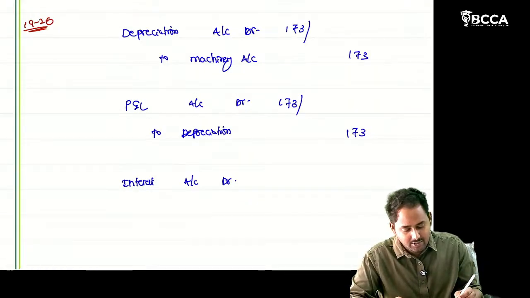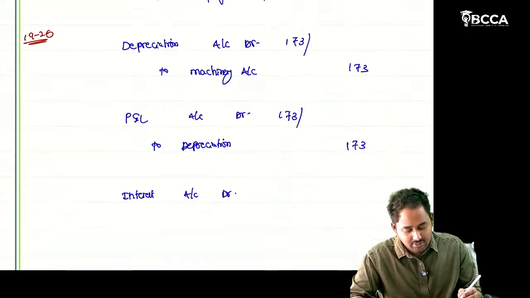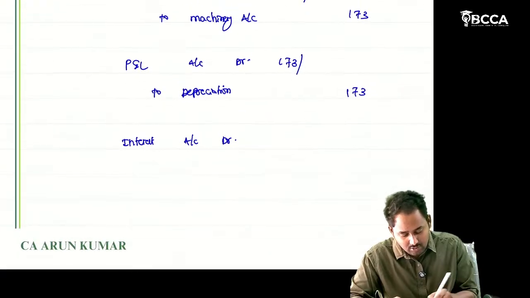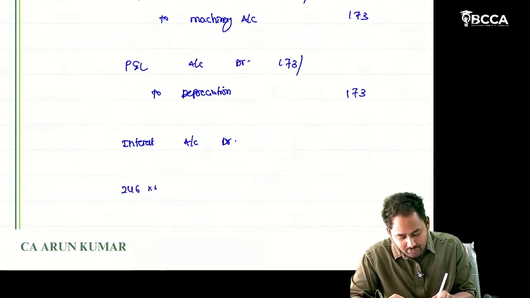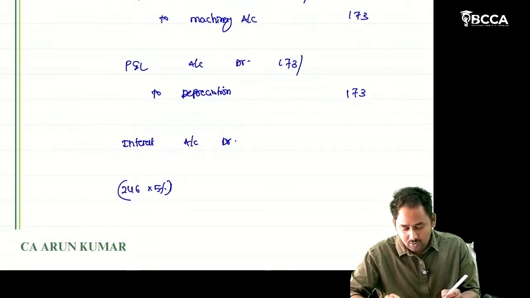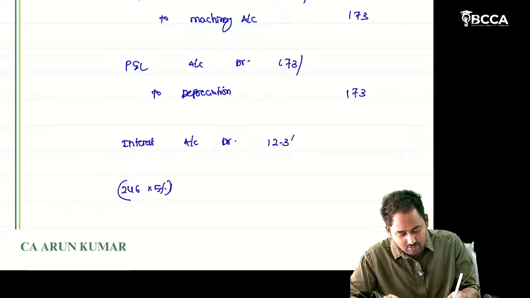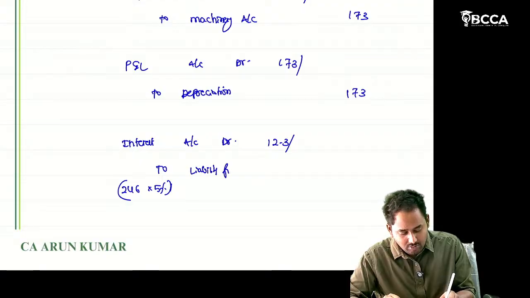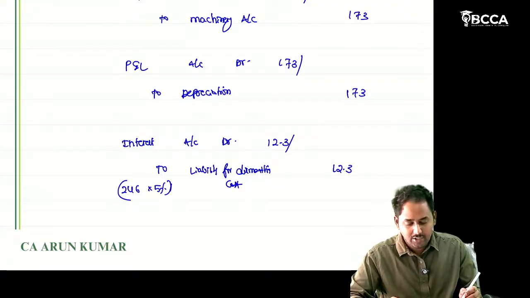Apply that 5% on 246. 246 into 5 percentage is 12.3. Interest account debit to liability for dismantling cost, 12.3. Okay.